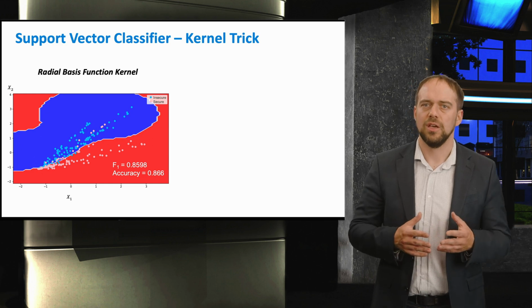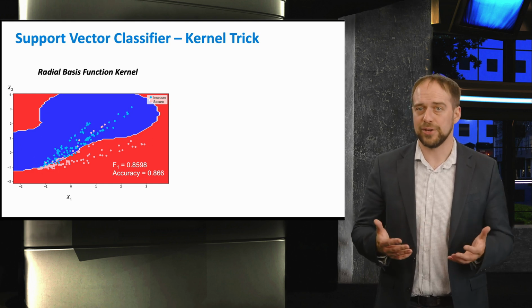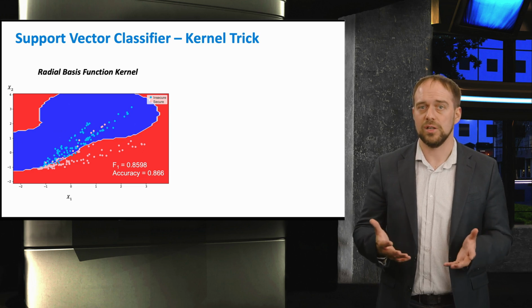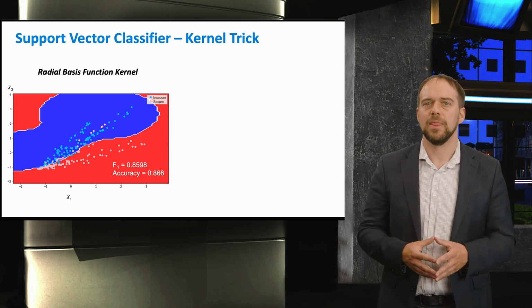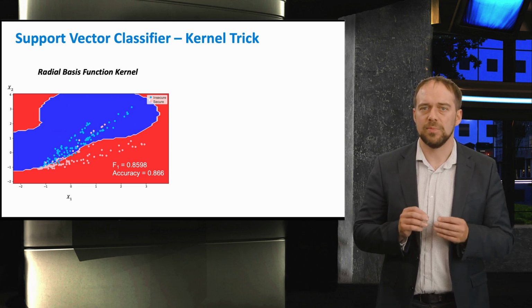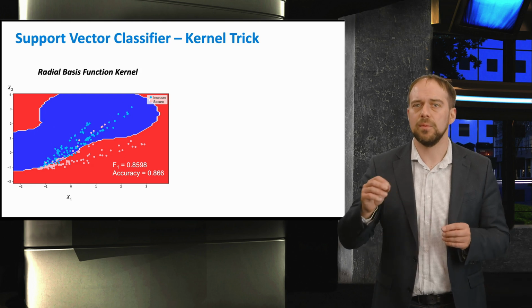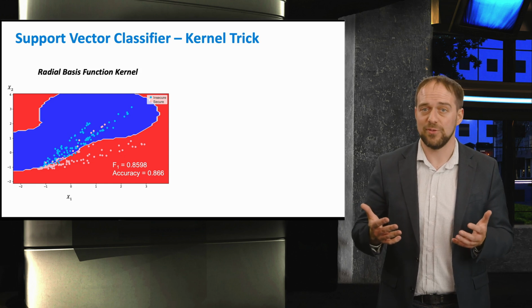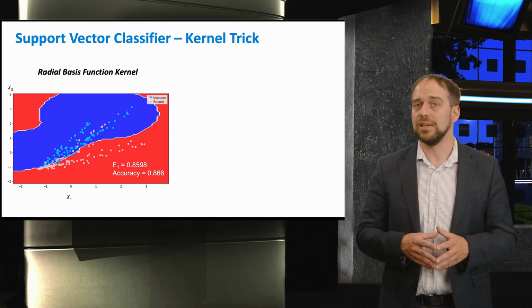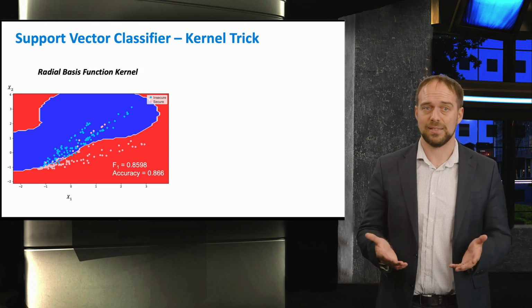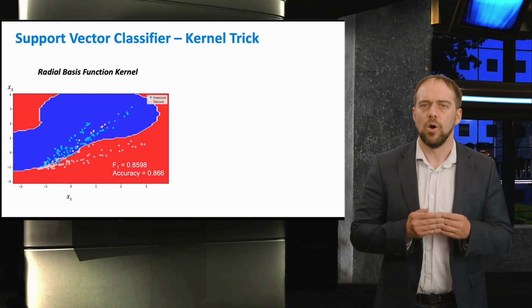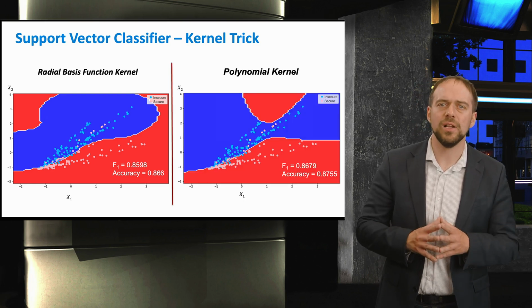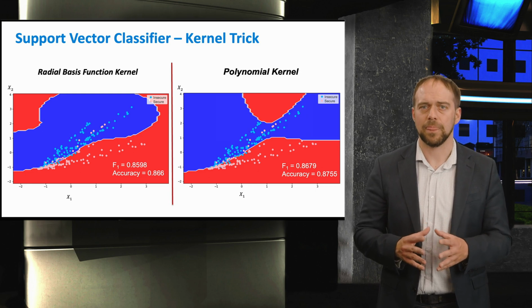On the left, you see the radial basis function, RBF, kernel for an SVM. This RBF produces a smooth nonlinear boundary, and the F1 score is 0.8598, and the accuracy is 0.866. On the right, you see the polynomial kernel SVM.